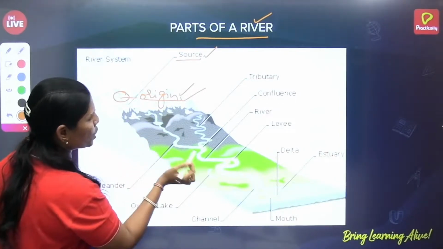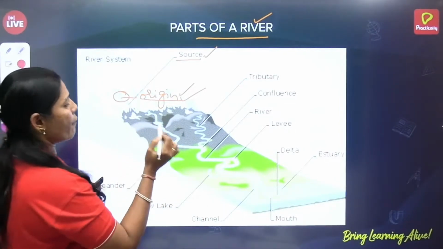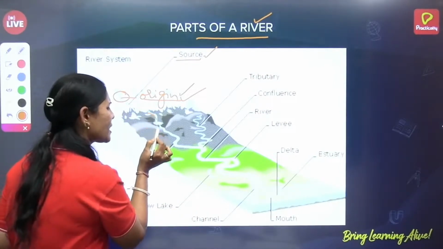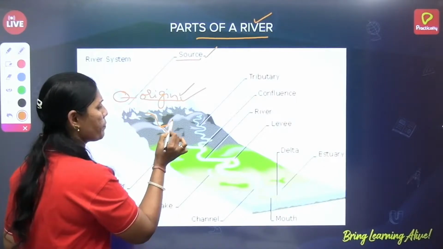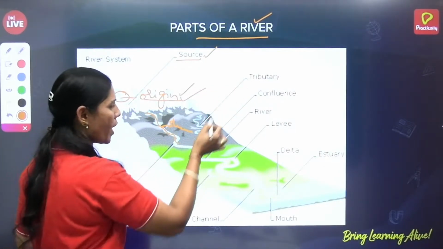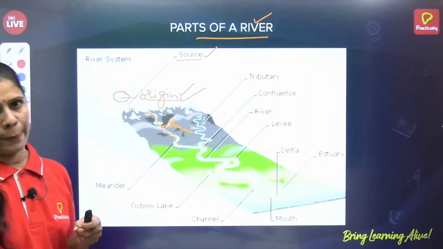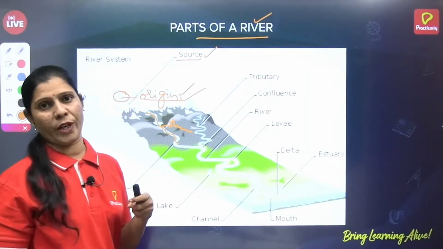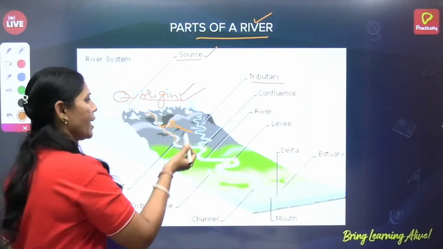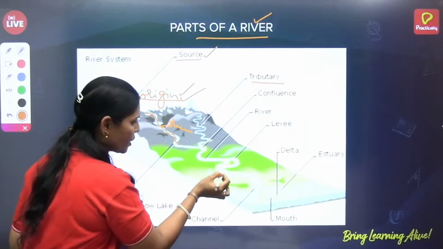When the river moves forward, it has different paths. When it begins, it is like a small stream, and when it is joined by other small paths or small streams, we call them tributaries, a small stream joining the larger river.